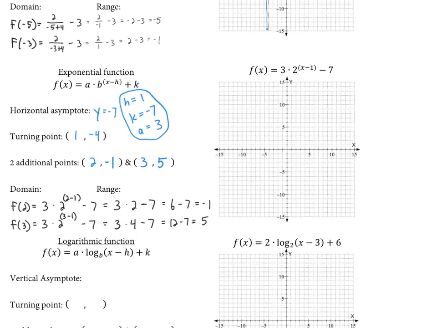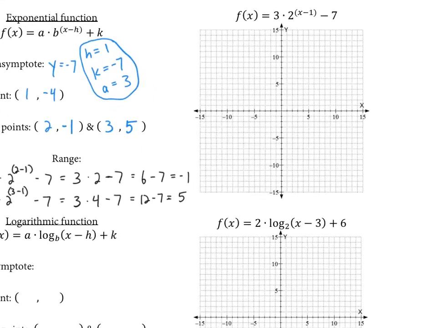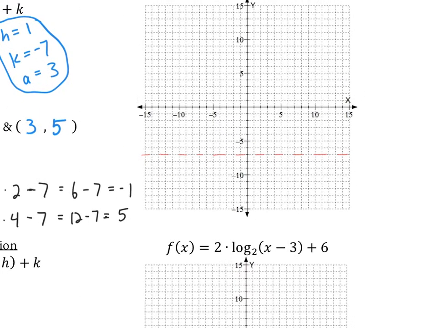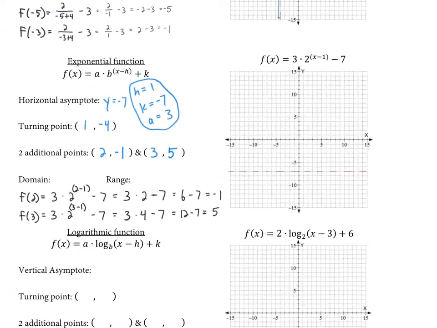Okay, so let's do the asymptote first, maybe. So y equals -7. Okay, and we'll plot these 3 points.